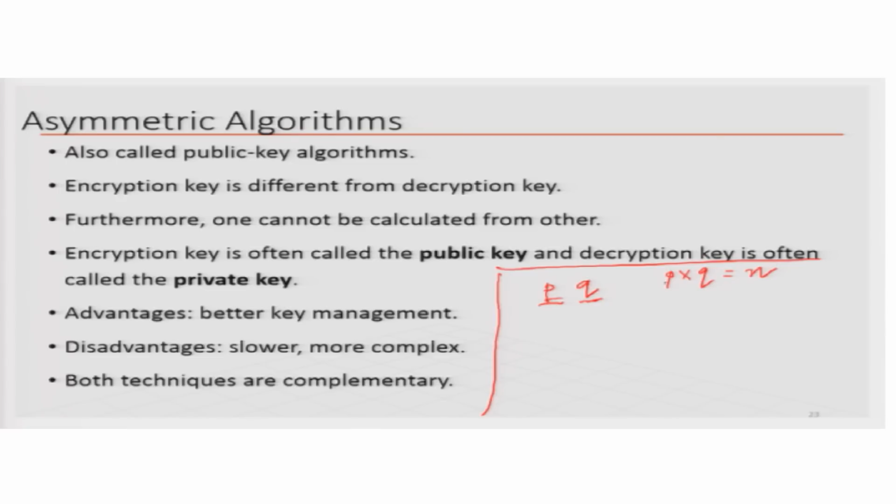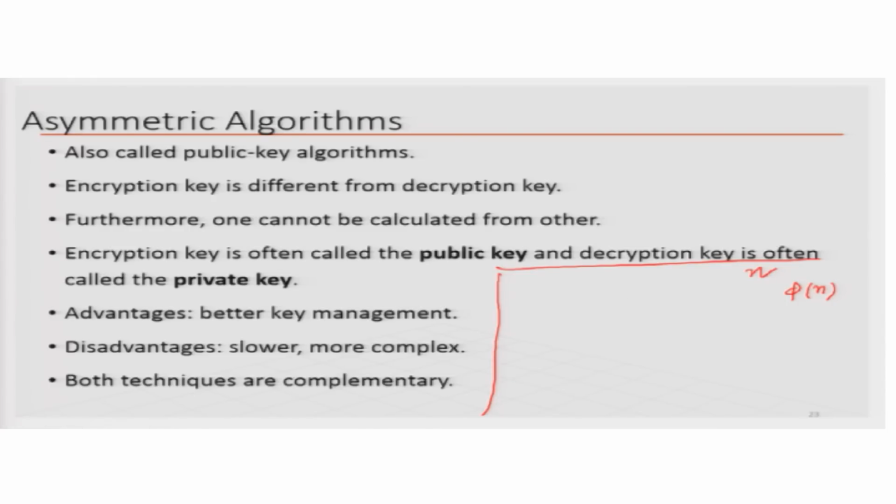Then you compute another number (p minus 1) times (q minus 1) and call it phi n, and then you forget p and q. You do not tell anybody these numbers, you throw them away, and you keep n and phi n.